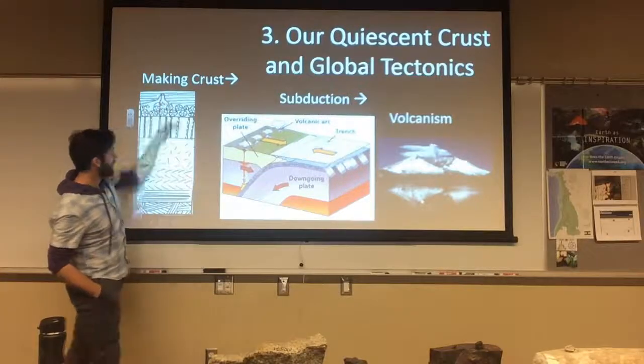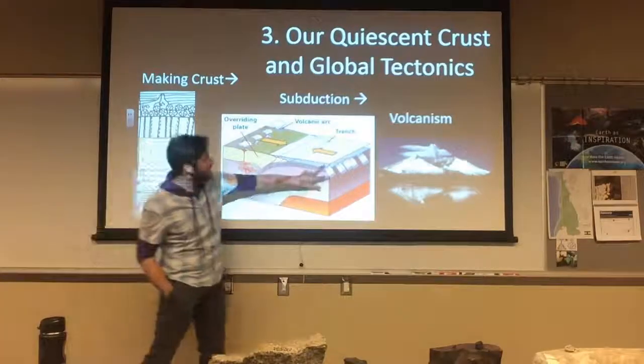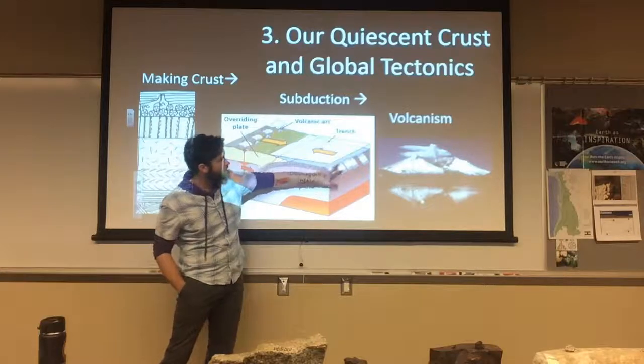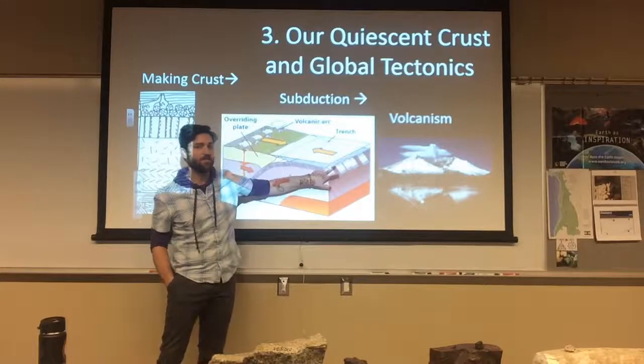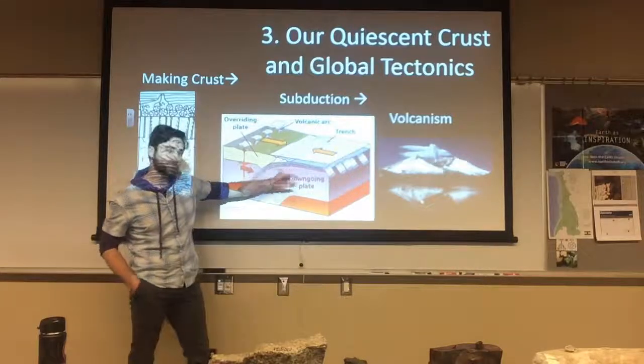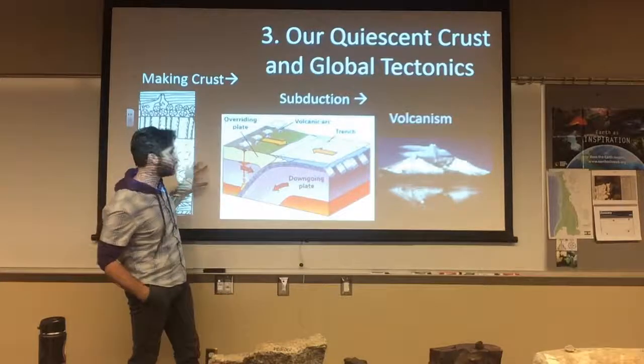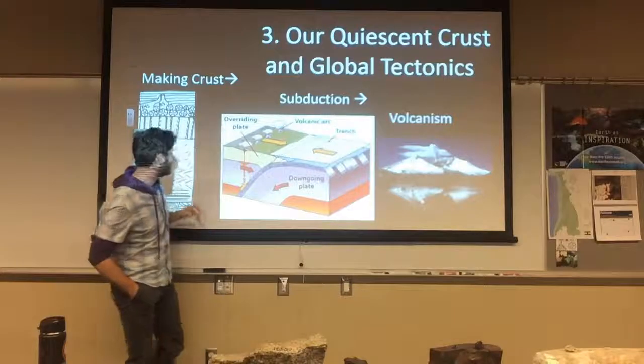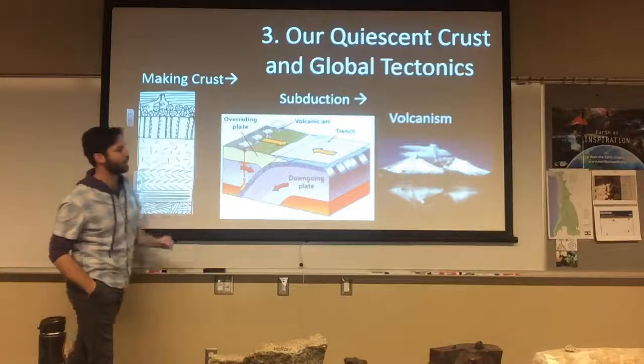Here, I've minimized the ophiolite sequence and put these little pictures of it over here to represent the oceanic crust, which is made of this sequence of rocks that form from one another.